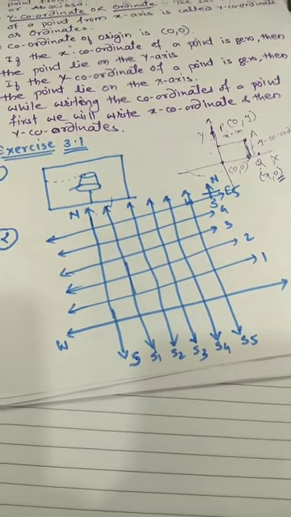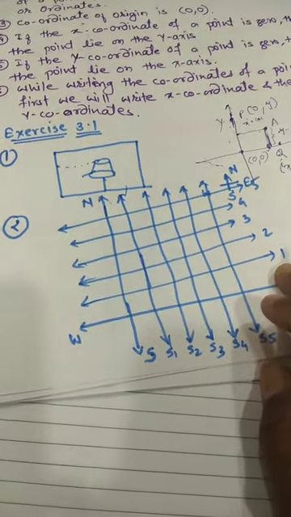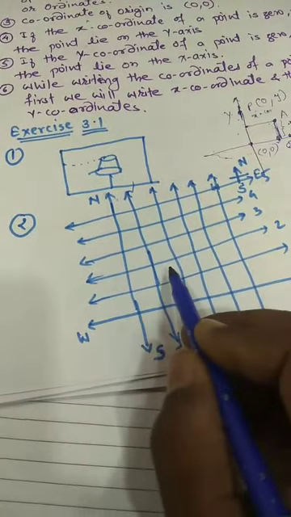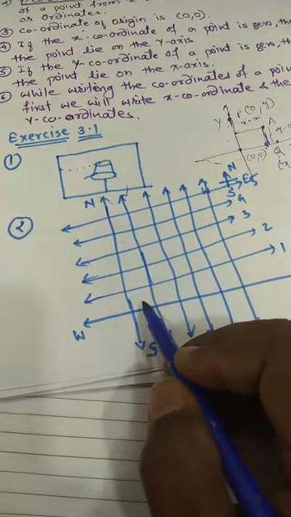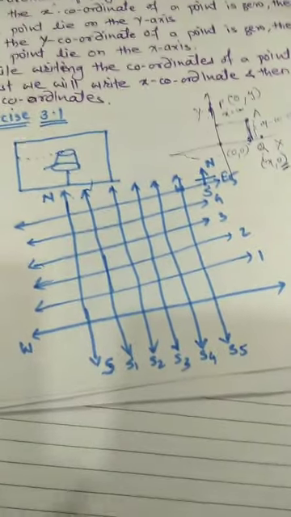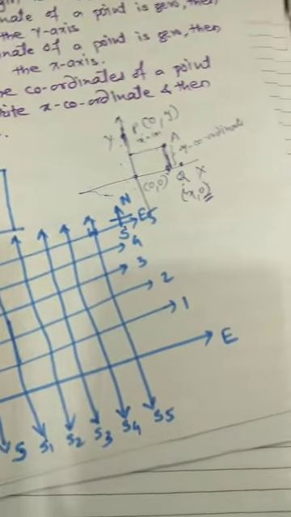In this way, we gave the numbers to the streets. Now, the distance between each road is 200 meters. How much? 200. That we can take on the graph, 1 centimeter equals 200 meters.